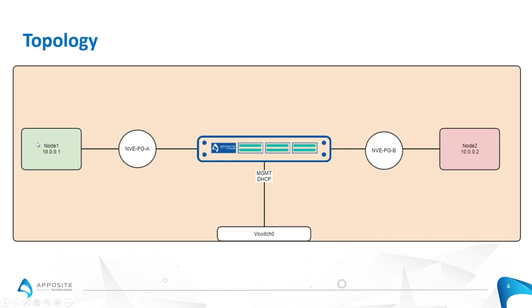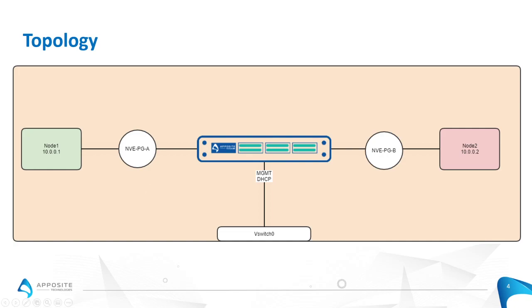And now when node 1 tries to talk to node 2, it comes across this port group, goes through the Netropy, into the next port group, and then hits node 2. And then on the way back, it goes back like this. So these two guys, when they're talking to each other over the network, it will go through the Netropy. So the Netropy works pretty much like a layer 2 bridge.